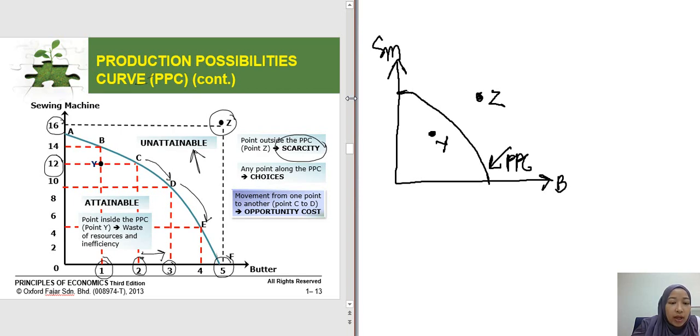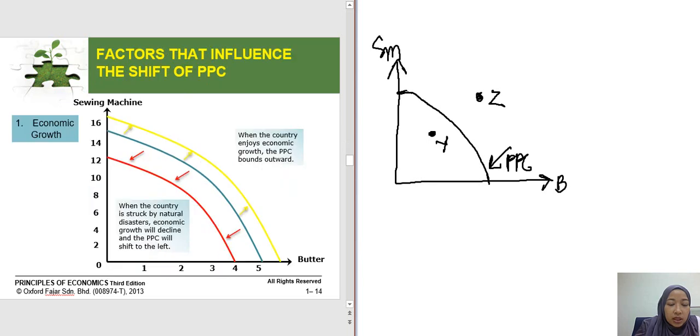You have to reduce the production of sewing machine from 12 to 10. So there is opportunity cost happening there. In order for you to produce more butter, you have to reduce the production of sewing machine. That is opportunity cost. So that is how the three terms are explained using this production possibilities curve.